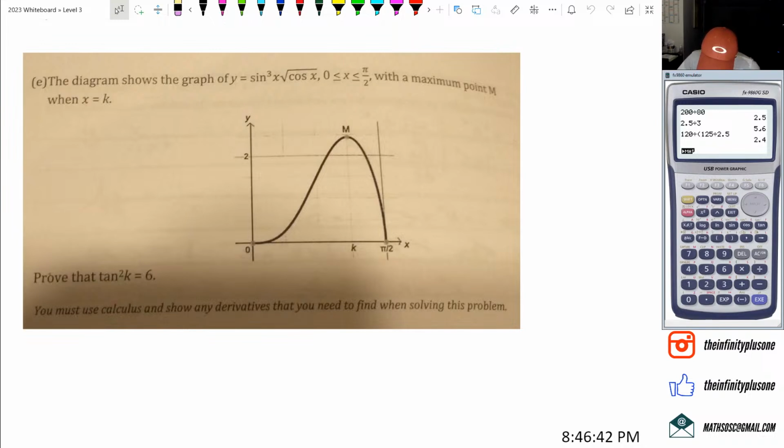What do we got? Sine cube x cos x 3/2. Why do they go 3/2? It's really strange.